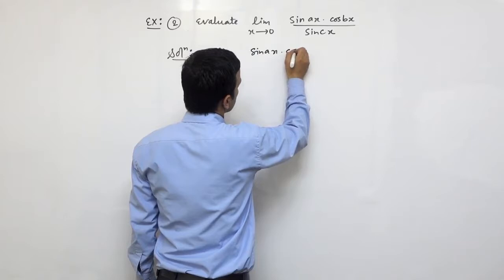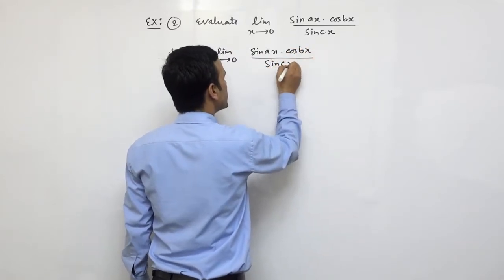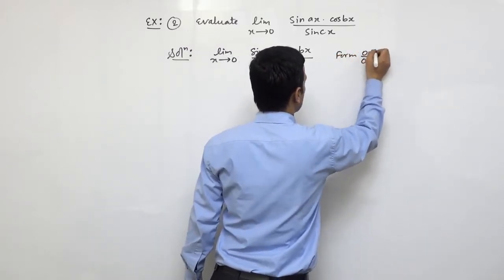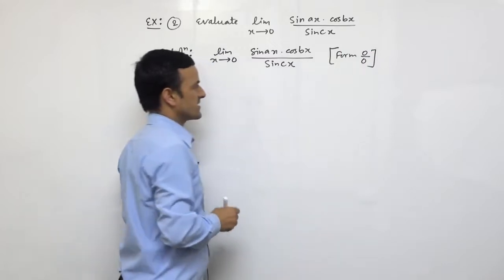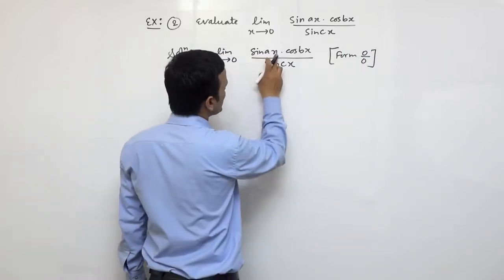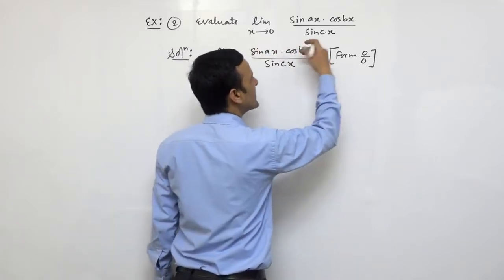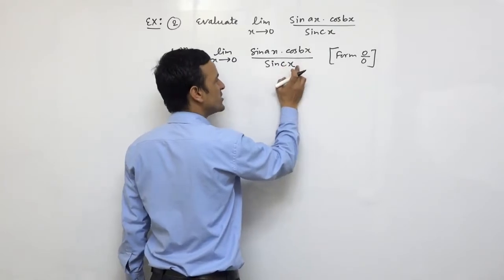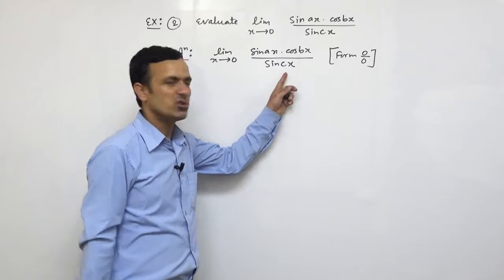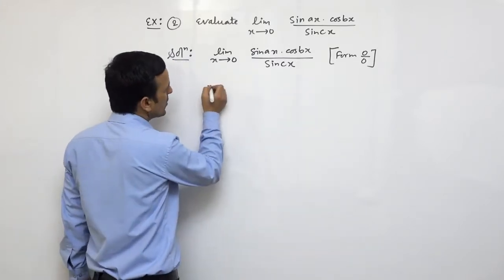Sin ax cos bx divided by sin cx is also of the form 0/0. Why is this 0/0? We can check it. Putting 0 in place of x, sin 0 is 0, 0 into something is 0, and sin c into 0 is also 0. So the numerator is 0 and the denominator is 0.